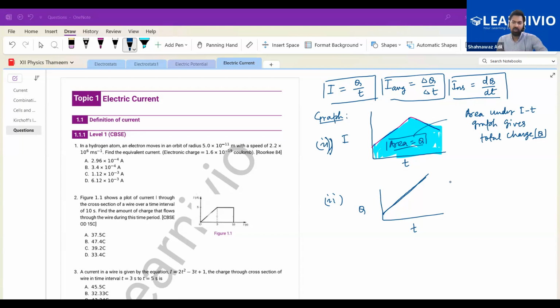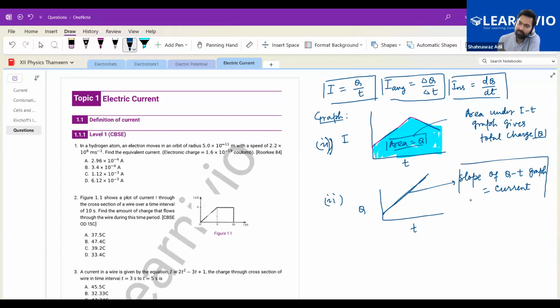So what we were discussing is that the slope of this charge-time graph would give you the current. So the slope of the QT graph will give you the current.